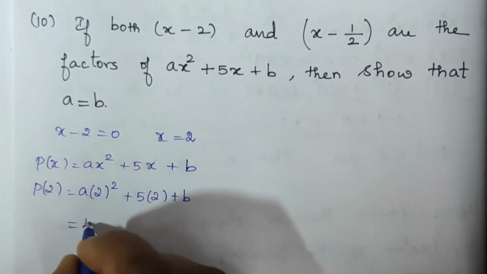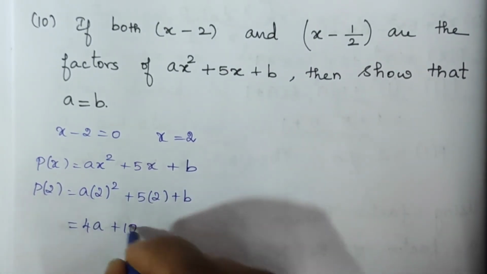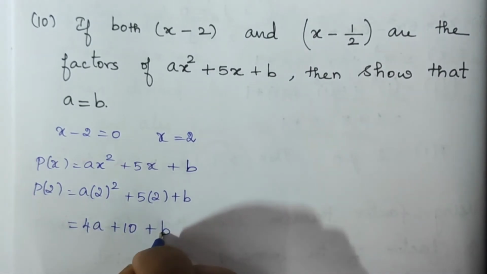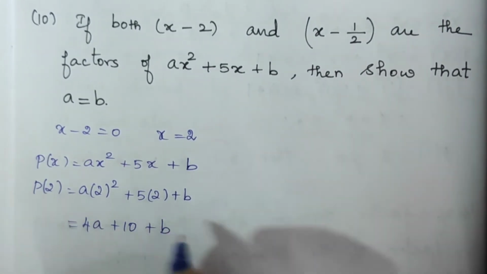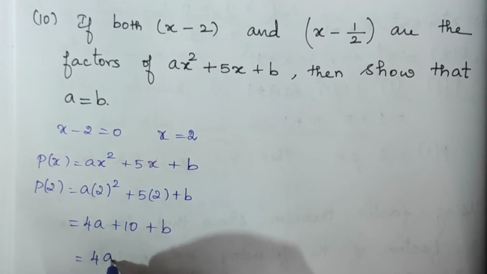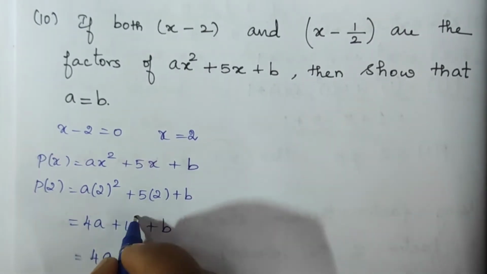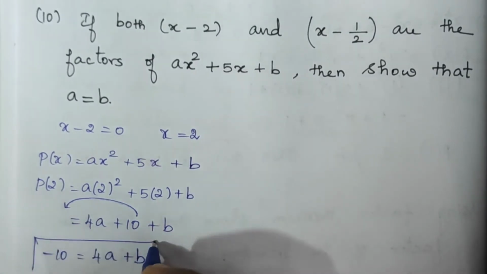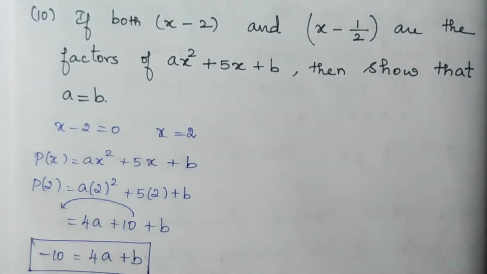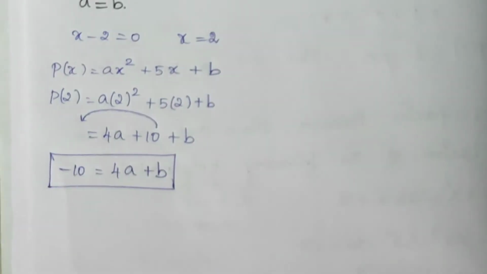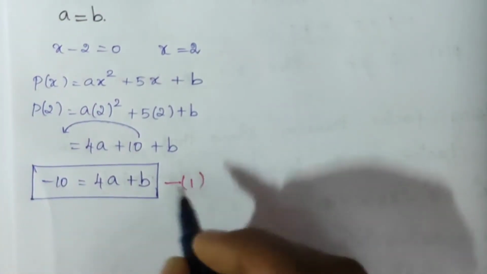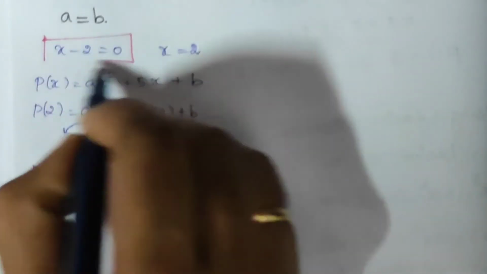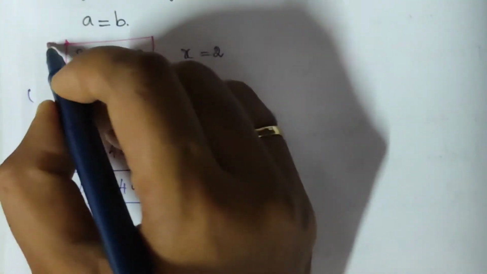So 2 2s are 4, 4a plus 10 plus b. So you keep this variable 4a plus b on one side and plus 10 to the other side, so you'll get minus 10. So this is equation 1 with this factor. Okay, this is the first factor.